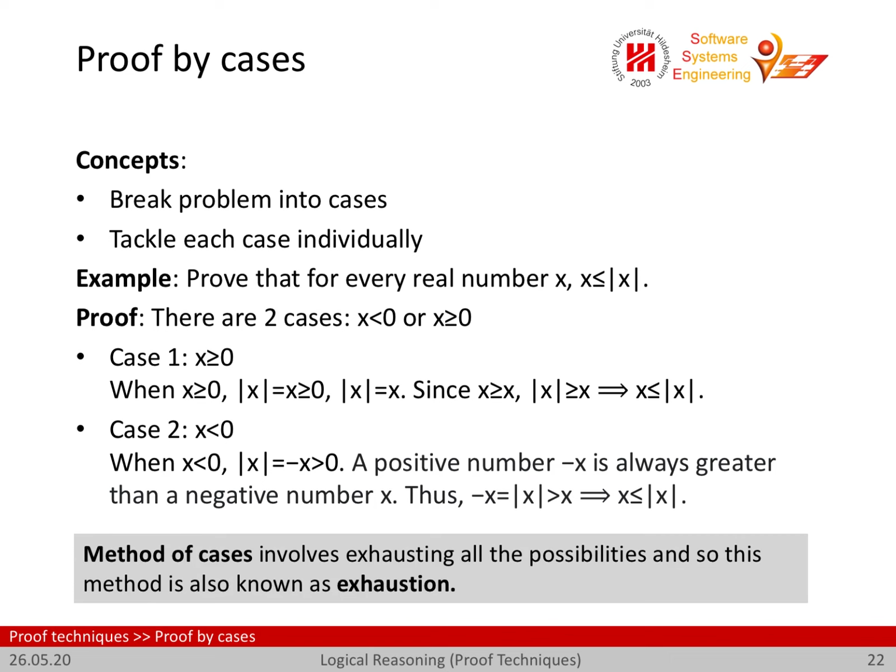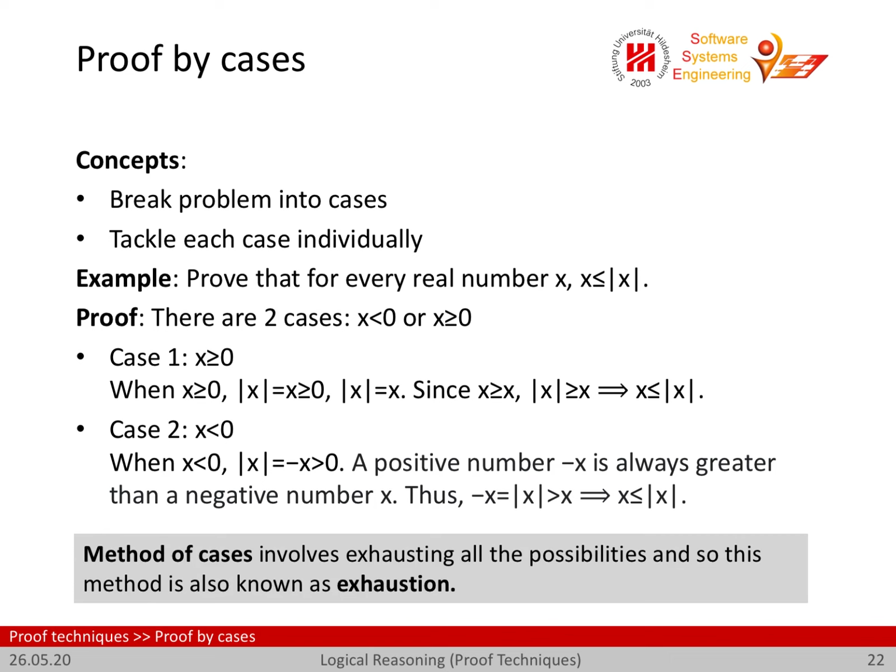So let's take an example and say we try to prove that for every real number x, x is smaller or equal than the absolute value of x. There are two cases: x is smaller than 0 or x is larger or equal to 0. Let's take the second case first. So we have x is larger or equal to 0.